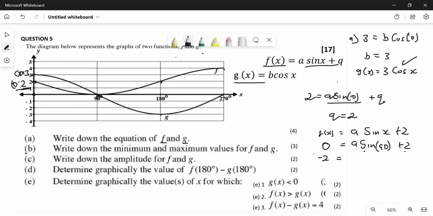And sine of 90 is 1. Therefore a is equal to minus 2. The equation of f of x is given as minus 2 multiplied by the sine of x, plus 2. Then we'll give you 1, 2, 3, and you get your 4 marks there.